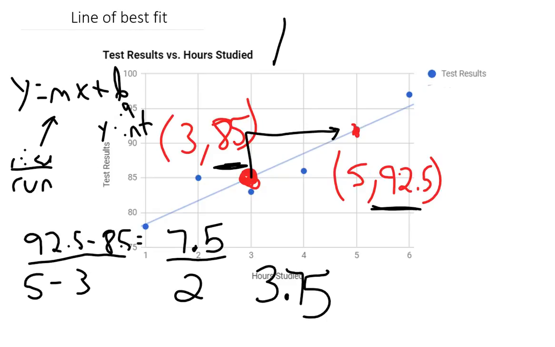So in my equation up here, I've got y equals 3.75x plus whatever my y-intercept is. To find my y-intercept, in this case, I can simply look at the graph. Looks like it's about, we'll go with 78.